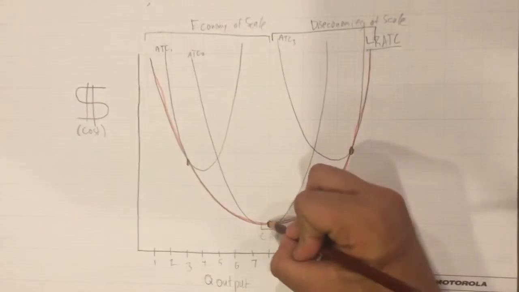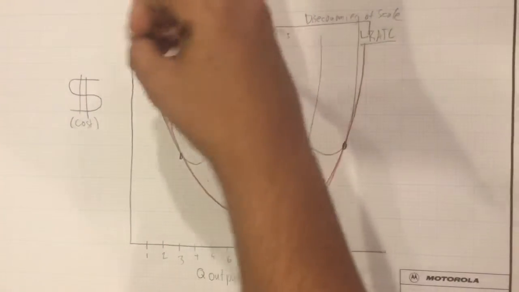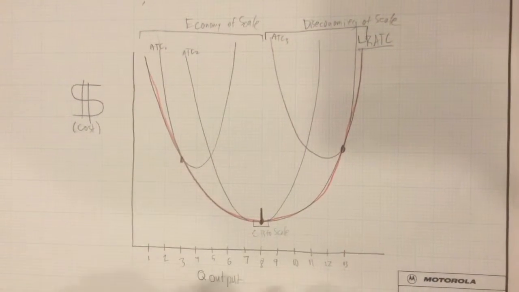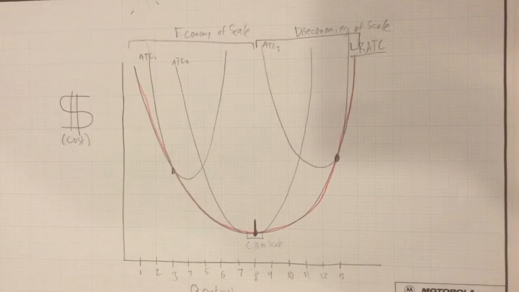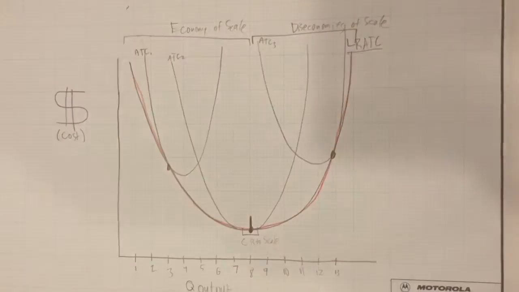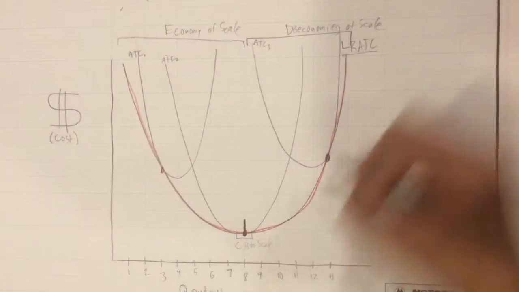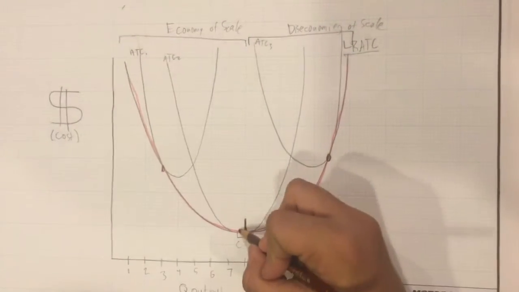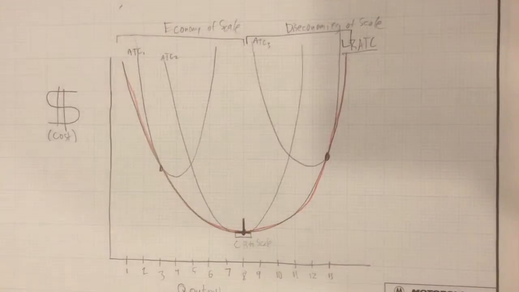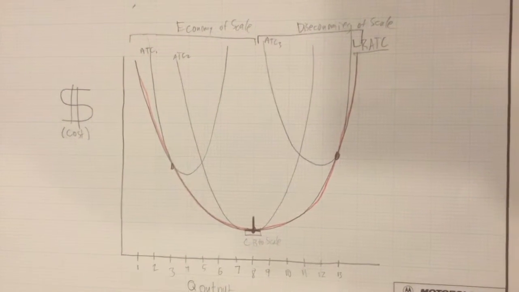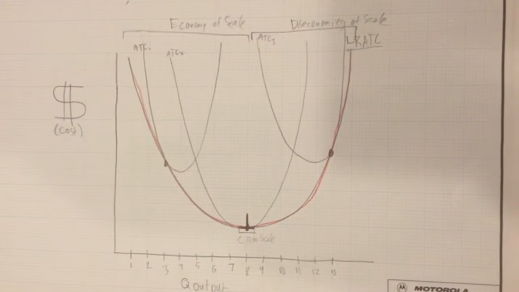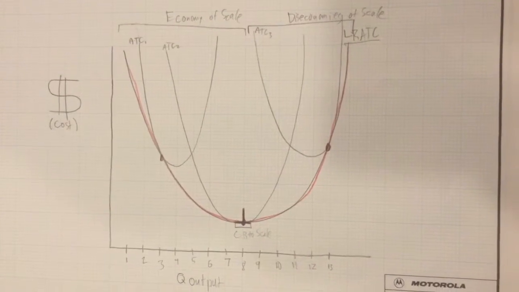Now here, before this point, we are experiencing economies of scale, wherein as we produce more quantity output, we have our LRATC going down. Here, we are experiencing diseconomies of scale, where as we produce more, we have our LRATC going up. And right here, this horizontal section is constant returns to scale, which means that as we produce more, it does not change our LRATC level.